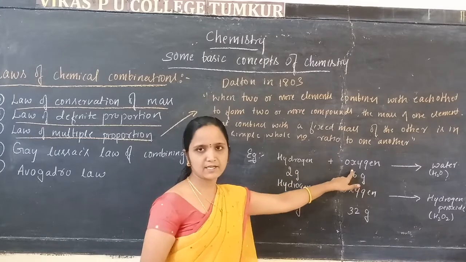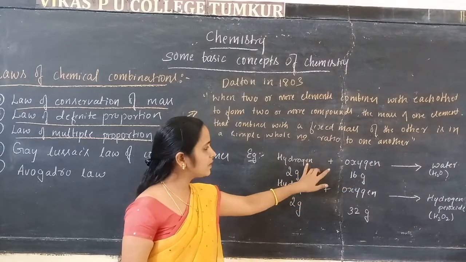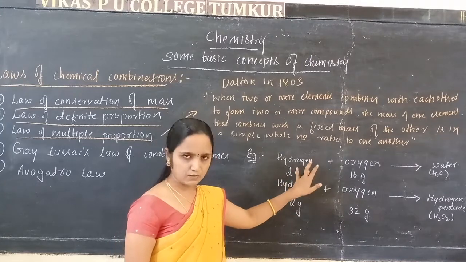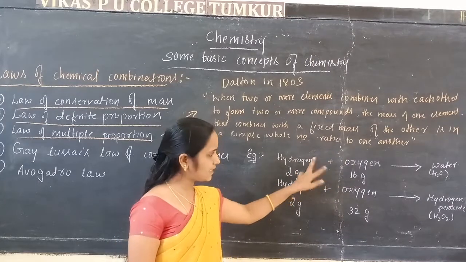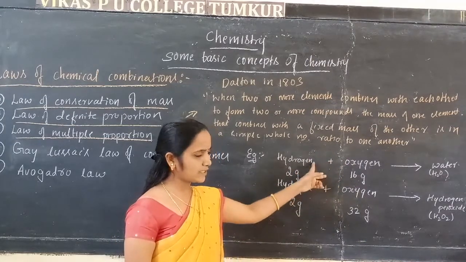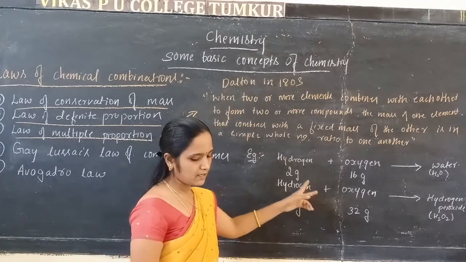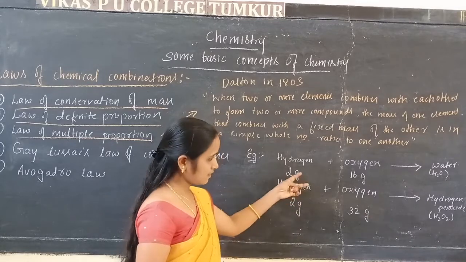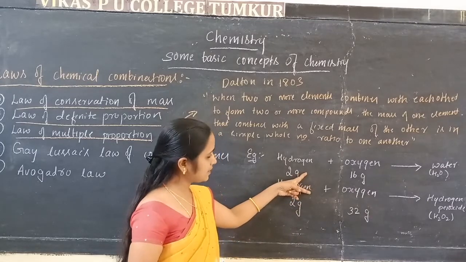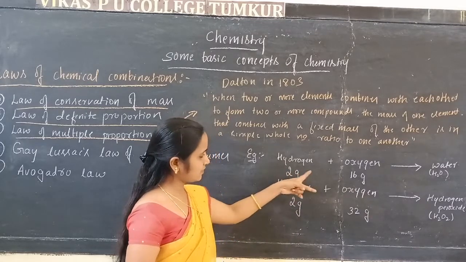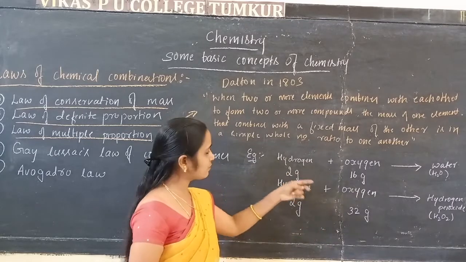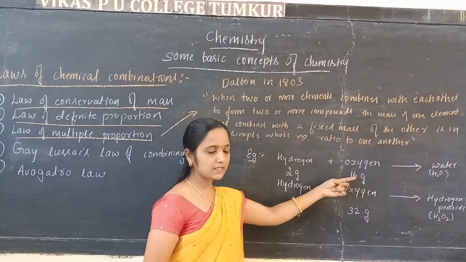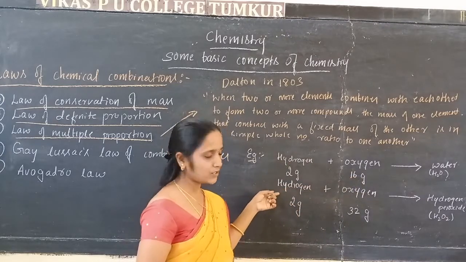In this example I have taken only two elements, which combine with each other. In both the reactions you can observe that it is the combination of two elements only, hydrogen and oxygen, in the first reaction and in the second reaction also.